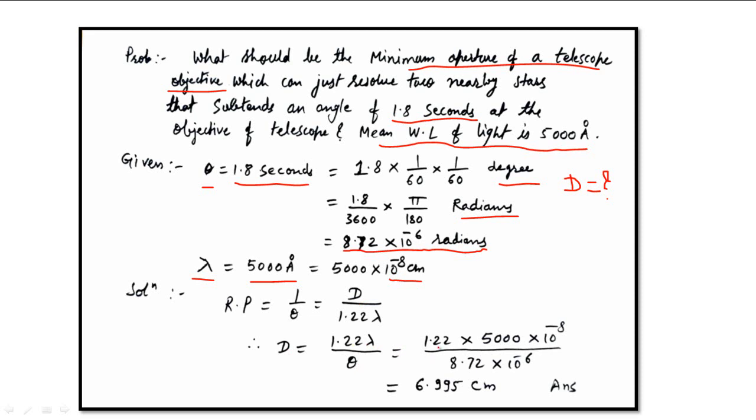Here we substitute the value of lambda as 5000 into 10 raised to power minus 8, divided by the value of theta, which is 8.72 into 10 raised to power minus 6. By solving this, we get the answer as 6.995 centimeter. So this is the answer. In this way you can solve the problems on resolving power of a grating as well as a telescope.